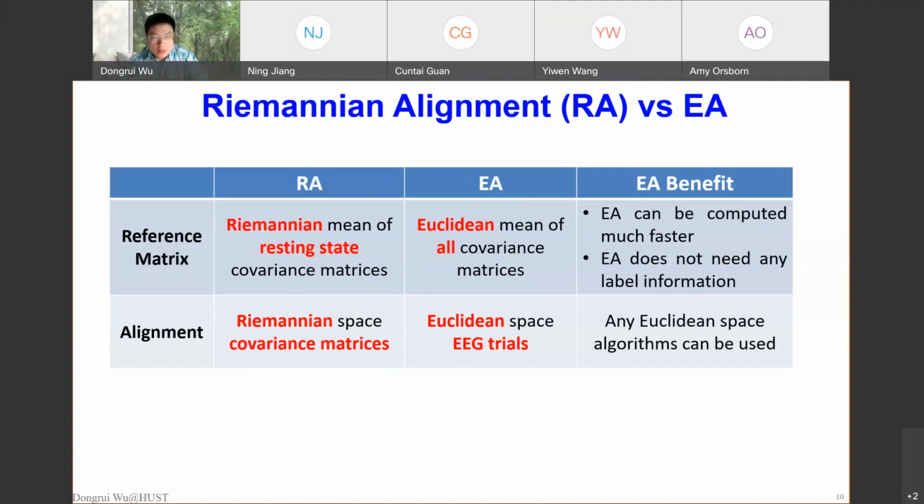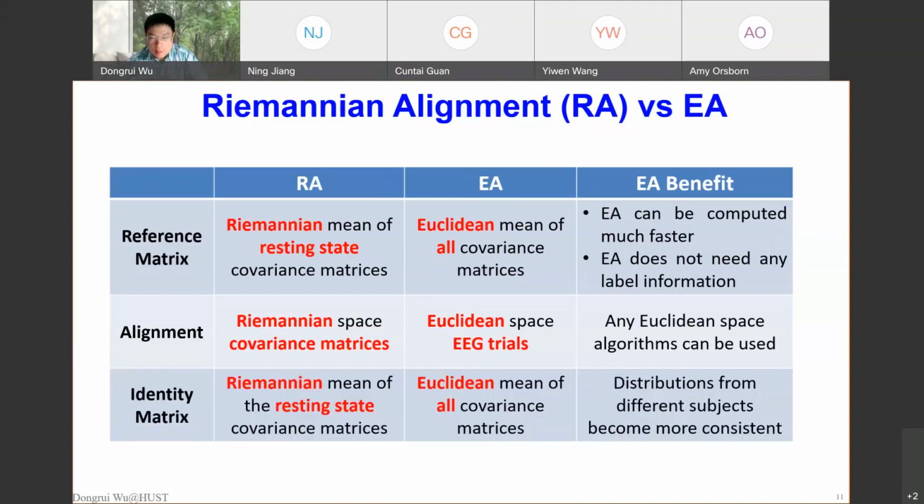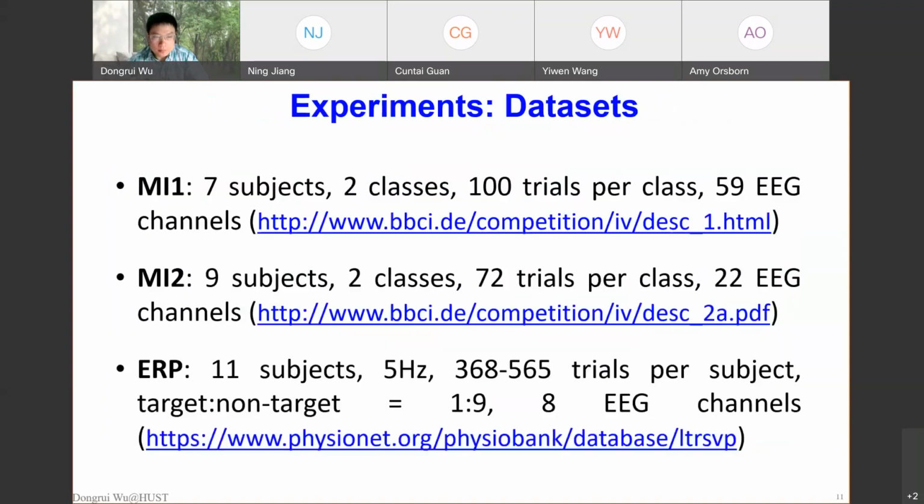Whereas for RA, all subsequent algorithms need to work in the Riemannian space, but we have a very small number of such algorithms. So EA is much more flexible than RA. And both approaches have the benefit that distributions from different subjects become more consistent after alignment.